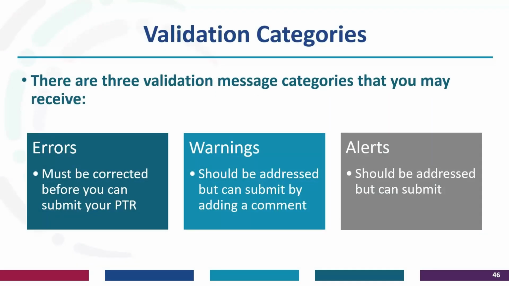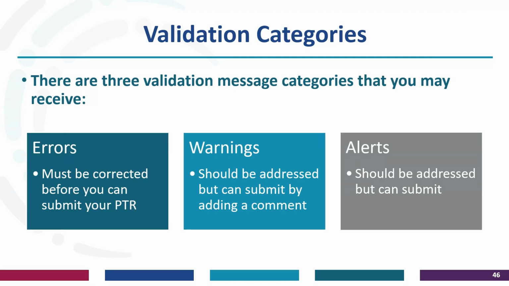So there's 3 different types of validation messages that you can receive in your report, those being errors, warnings, and alerts. Errors have to be corrected. You can't submit your report with an error. So if you receive one on your report, you'll have to adjust your allocations or your report based on that message, save that, and revalidate. Warnings should be addressed whenever possible to prevent your project officer from returning the report back to you for changes.